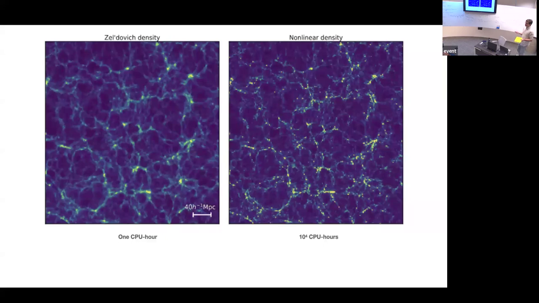It does a very bad job of predicting what the skewness of this field is, for example, even though this distribution looks non-Gaussian, because it doesn't have the nonlinear growth, which is actually the number one driver for skewness. All that this can do is basically reshuffle the initial 2-point power into other functions in some bad way.